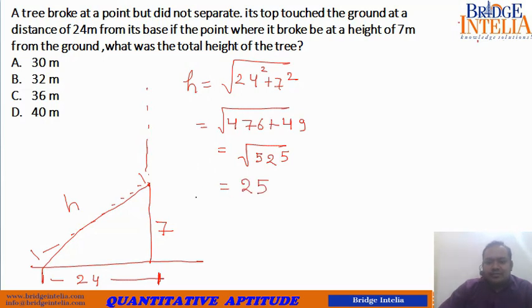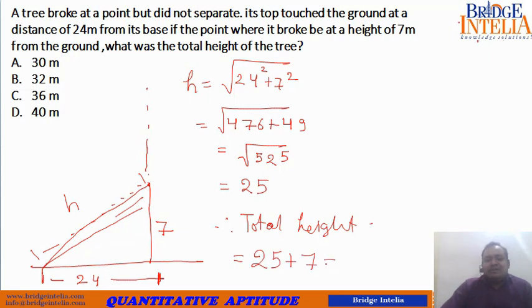So the broken portion is 25, whereas 7 is standing intact. Therefore the total height of the tree before it broke must have been 25 plus 7. So 32. Now let's move to the next one.